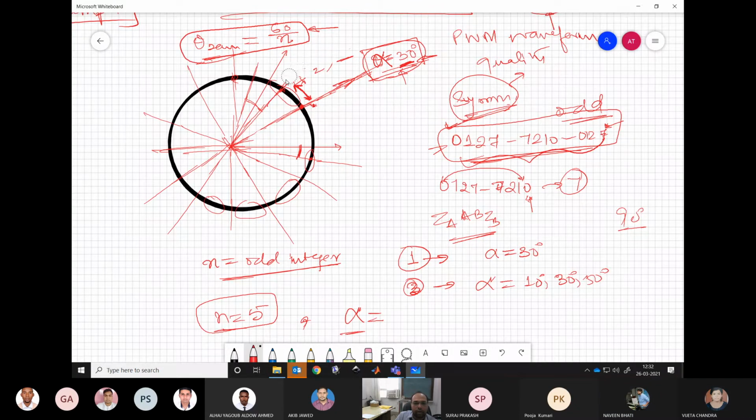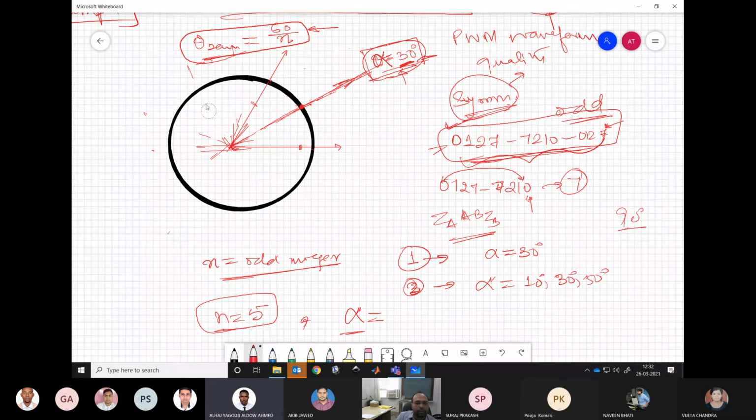Why are you crossing that sector? Minus angle, more than 60 degree. Why all this? Sir, 10 degree, 20, 30 and 40, like this. No, how 15, 10, 30 degree? 19.5, sir.